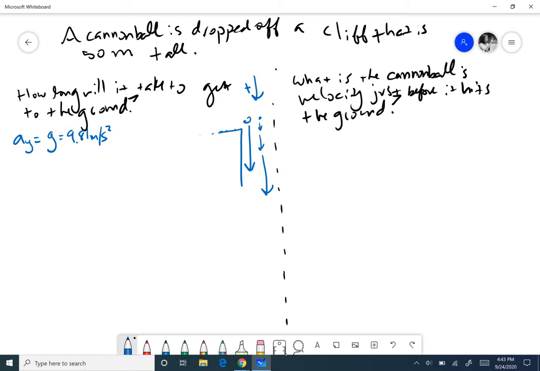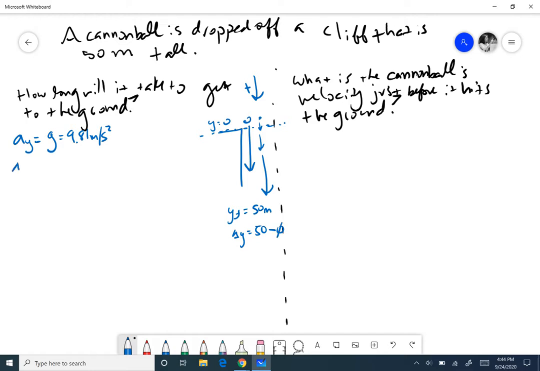I'm also going to say that the top of the cliff here, that's y equals 0. So that means my y final is going to be 50 meters because going down is positive. So that means that my delta y is 50 meters minus 0 meters.